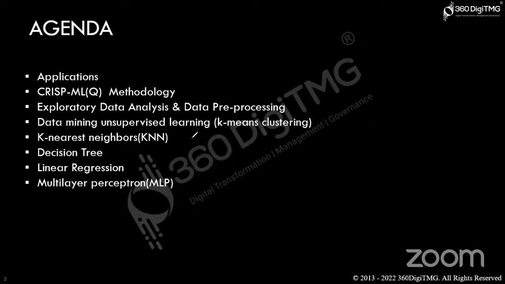The next day we'll be using k-nearest neighbor, which is one of the supervised learning algorithms in machine learning. We will take one use case scenario using k-nearest neighbor and try to apply that algorithm to do the classification.